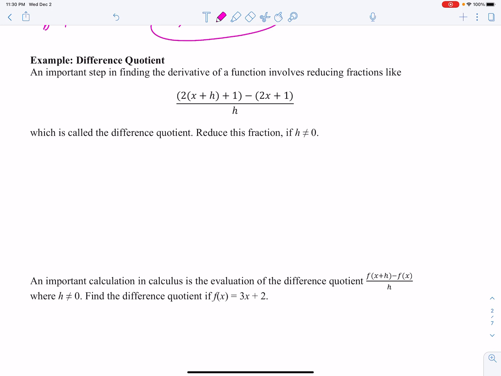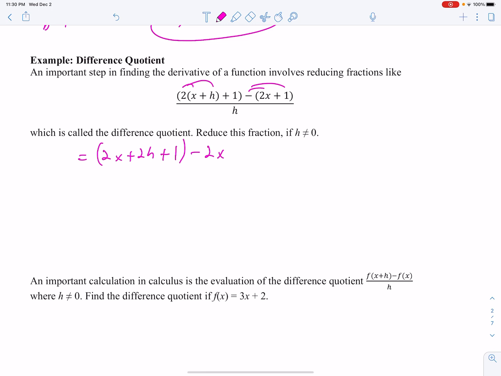All right, so again, we're going to use PEMDAS. We're going to simplify the numerator, the top, as much as possible, and then divide through by h, okay? So we're going to distribute here. So this is equal to 2x plus 2h plus that 1 right there, minus, and watch your parentheses. Well, actually, we can distribute that negative sign, right?